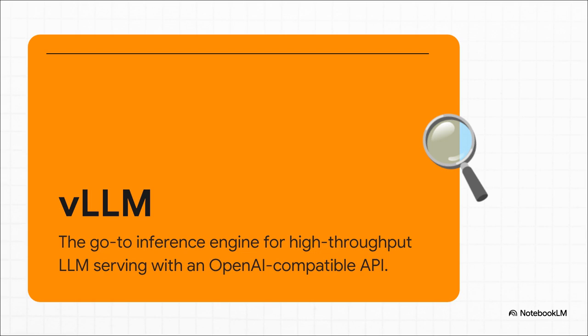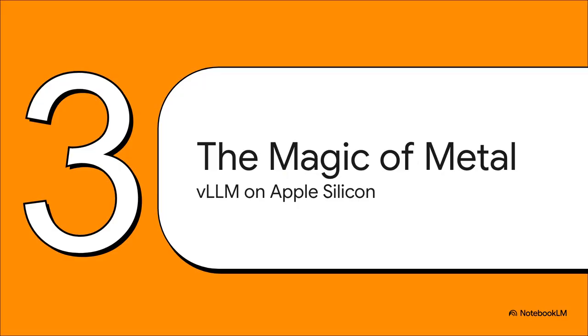And what that means for you is that the code you write and test on your laptop can be picked up and run on a giant cloud server cluster with basically no changes. It's a seamless workflow. So you're probably wondering, how on earth did they do this without one of those giant power-sucking GPUs? Well, the answer is some seriously clever engineering that takes advantage of a core piece of Apple Silicon, the Metal framework. Let's dig into how it actually works.